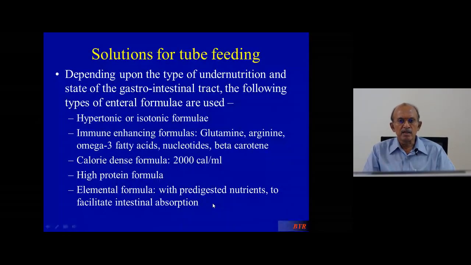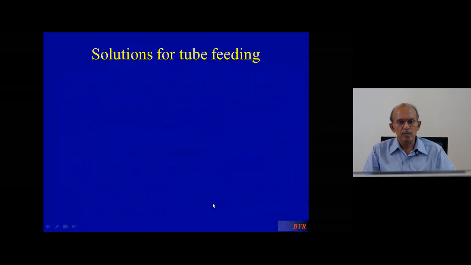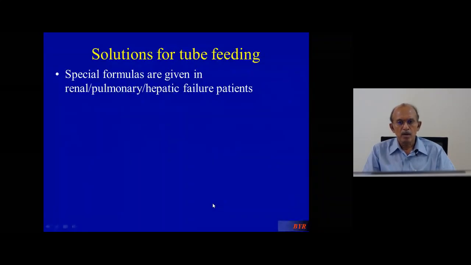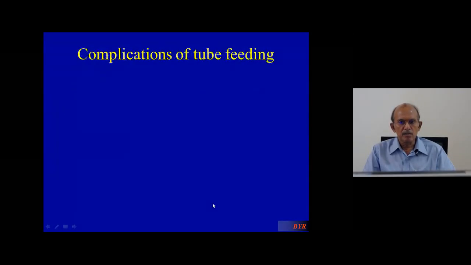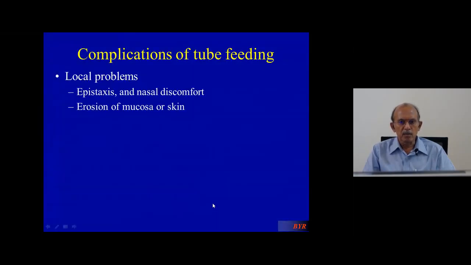So this all depends upon the patient's requirement depending upon his disease. Method of administration: infusion as a bolus or a continuous infusion. Complications of tube feeding: these are the complications.